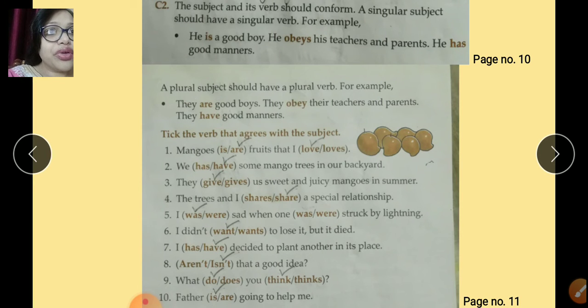Moving to C2, here what we have to do, we have the subject and its verb should conform. A singular subject should have a singular verb. Like he is a good boy, he obeys his teachers and parents, he has good manners.